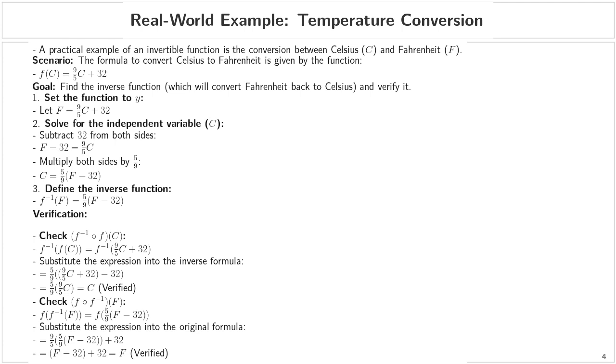Again, the 9/5 and 5/9 cancel each other out, leaving us with the quantity f minus 32 plus 32. The 32s cancel out, leaving us with just f. Since both compositions return the original input, the inverse is fully verified. In the next slide, we will apply this same logic to a more abstract algebraic problem.